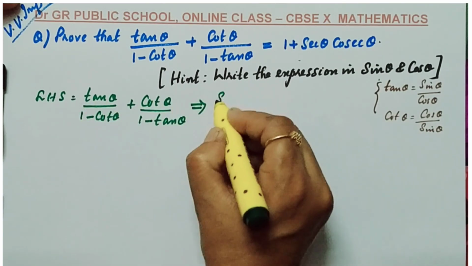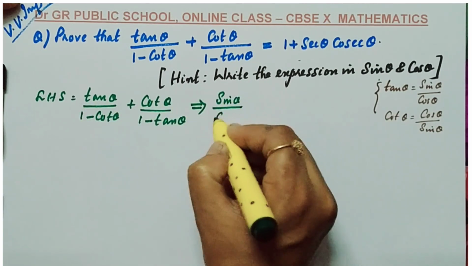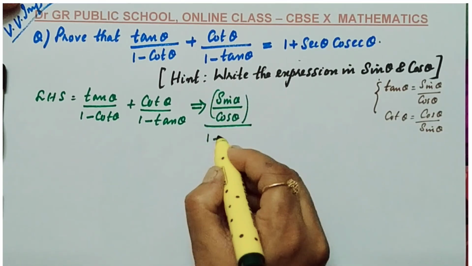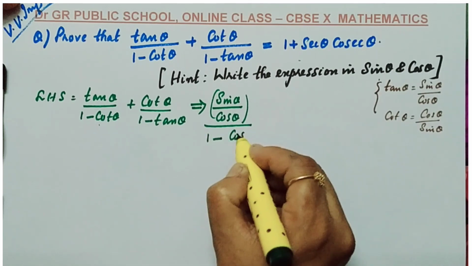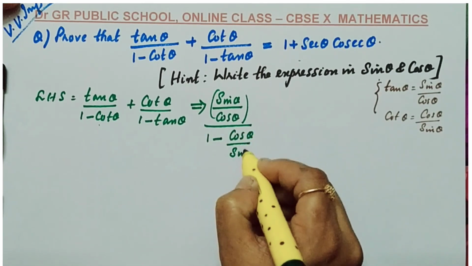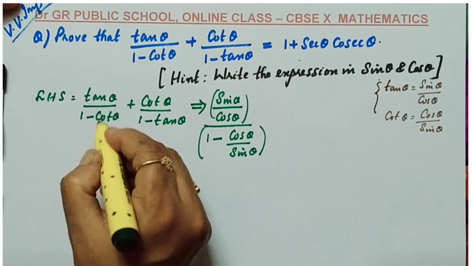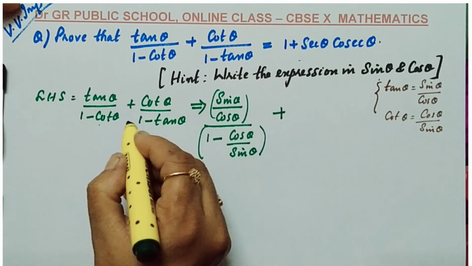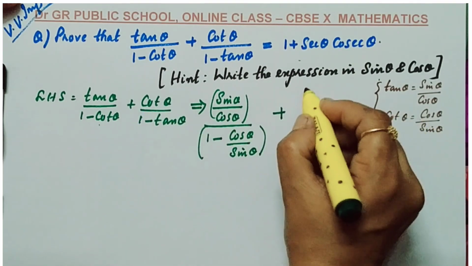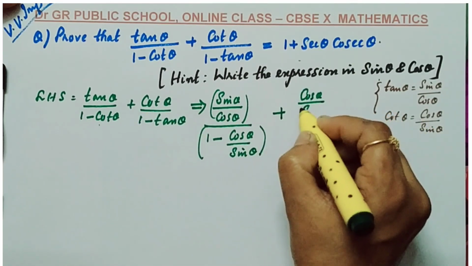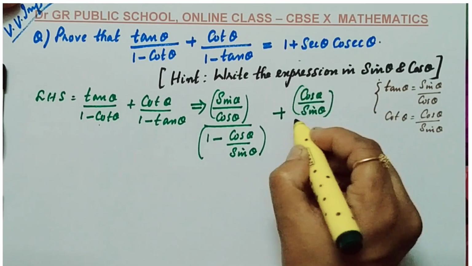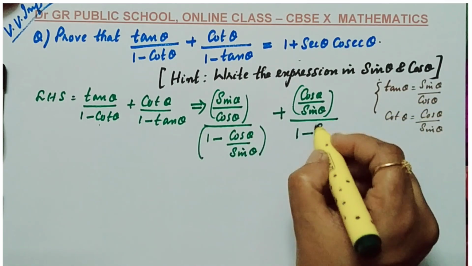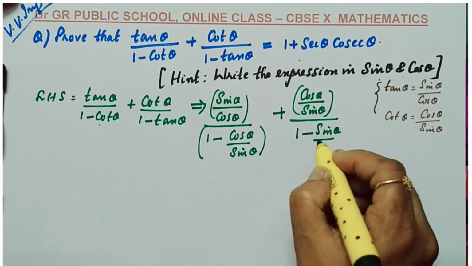Tan theta can be written as sin theta by cos theta, the numerator, the whole divided by 1 minus cot theta, which can be replaced as cos theta by sin theta. This is the first fraction. Tan and cot are replaced. Plus the second fraction, cot theta replaced with cos theta by sin theta, the whole divided by 1 minus tan theta, which needs to be replaced with sin theta by cos theta. This is the first step.